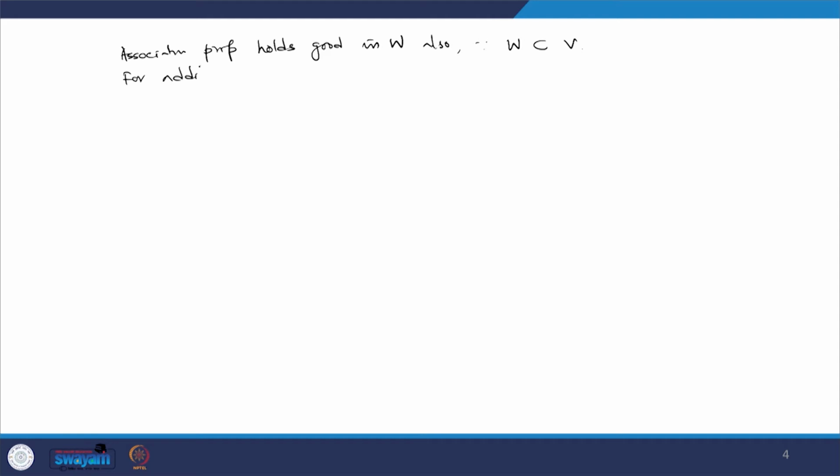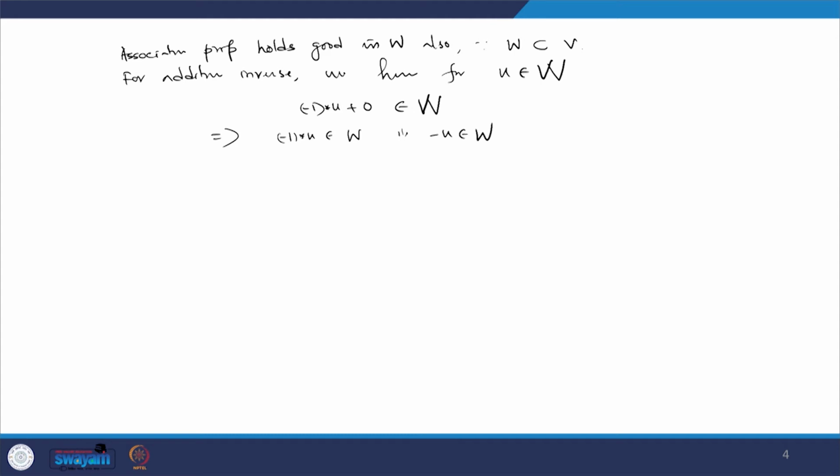For the additive inverse, we have for u belongs to W, -1 times u plus 0 also belongs to W. So this implies (-1)*u belongs to W, that is, -u belongs to W. So this implies the additive inverse exists.